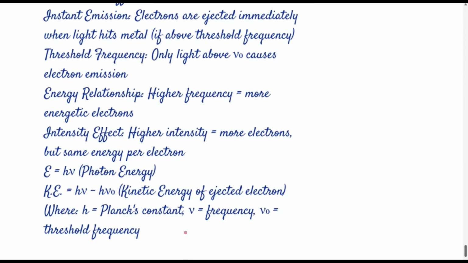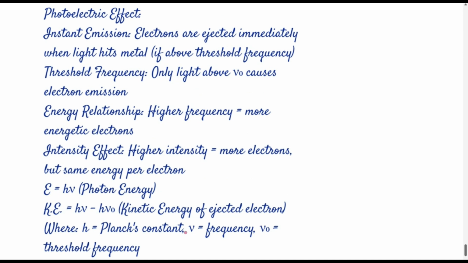I'm just going to give you a brief about the photoelectric effect. What is that? We are applying some energy to the metal and the electrons are getting ejected. The electrons get ejected when light hits the metal above its threshold.